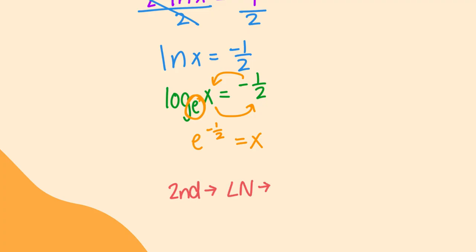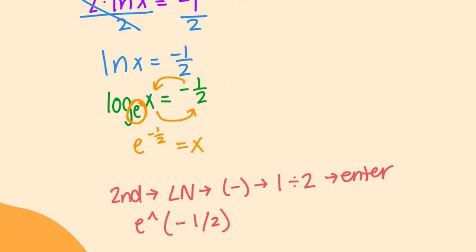What's going to pop up is e to the power of, and then parentheses. You have to click the negative sign, not the subtraction sign. The negative sign is next to the 0. If you click the subtraction sign, it's going to give you an error on your calculator. Then you're going to do 1 divided by 2. So it should look something like this. Go ahead and click enter.